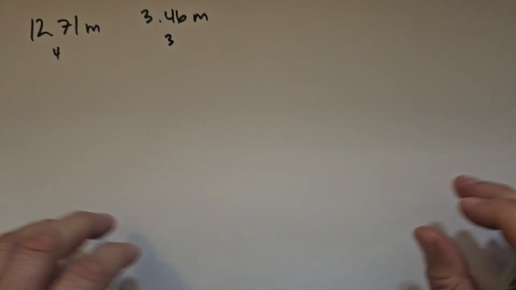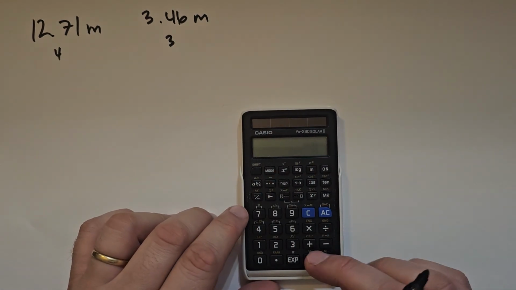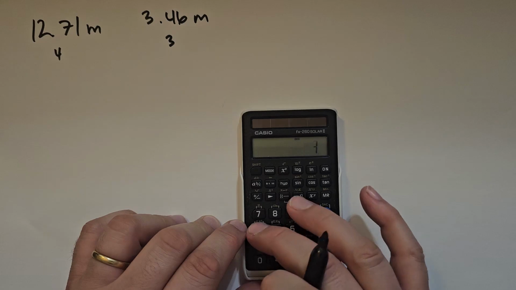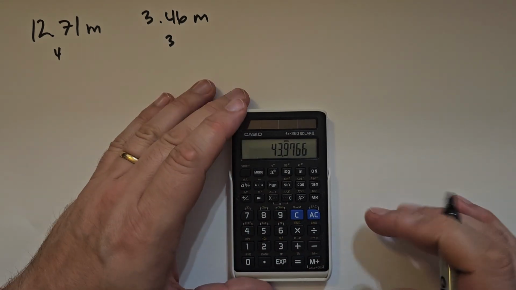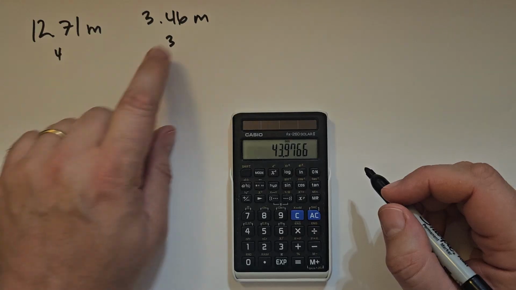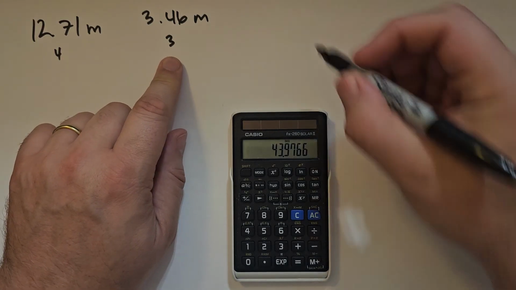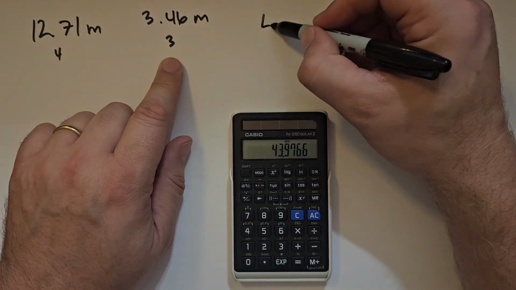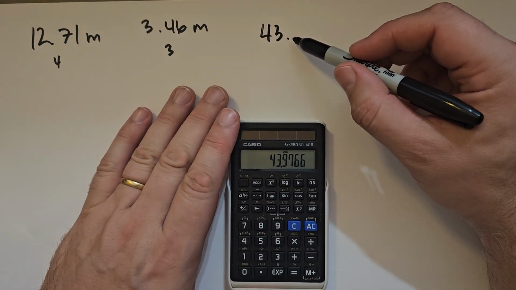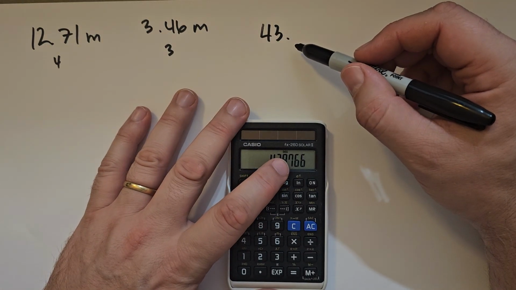Okay, so we pull out our handy-dandy calculator, and we say 12.71 times 3.46, and so we get 43.9766. Now, how many significant figures? Well, we keep the lowest number of significant figures. So we're only going to keep 3 significant figures. So we're going to keep 43 point, and this last digit is a 9, but the next digit is a 7.